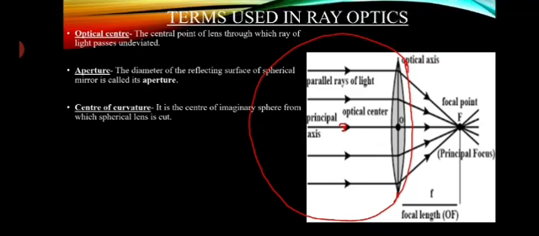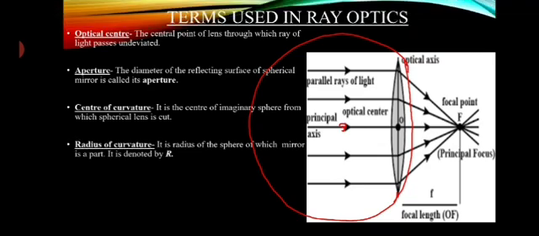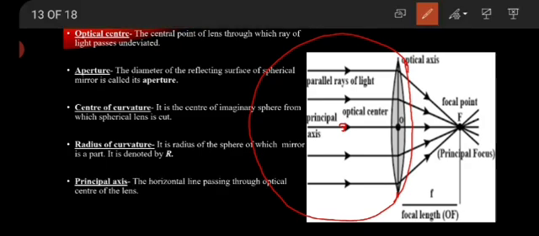Further is the radius of curvature, that is nothing but the distance between the optical center of the lens, that is O, and the center of curvature of the imaginary sphere.